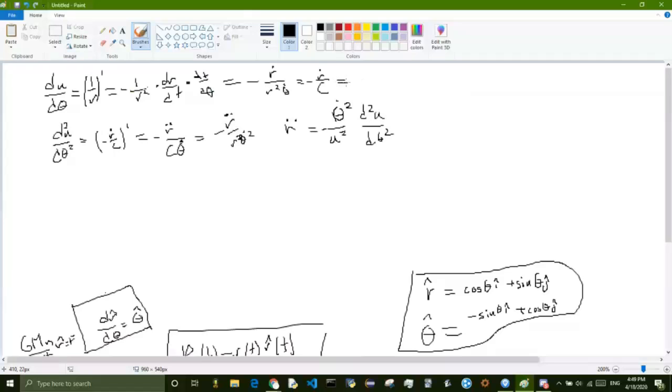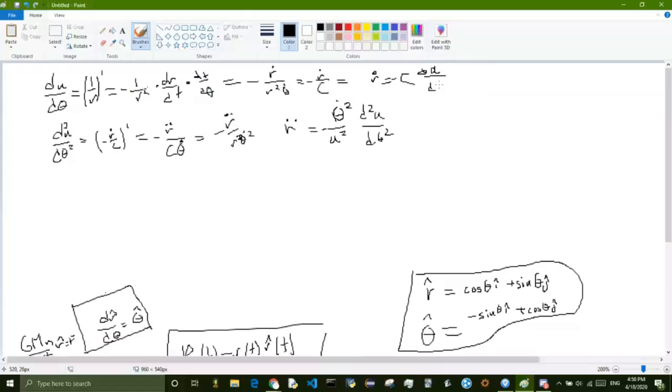And then this side becomes, rather we have to solve for r dot. R dot becomes c times du d theta, and we have to stick a negative sign out front.